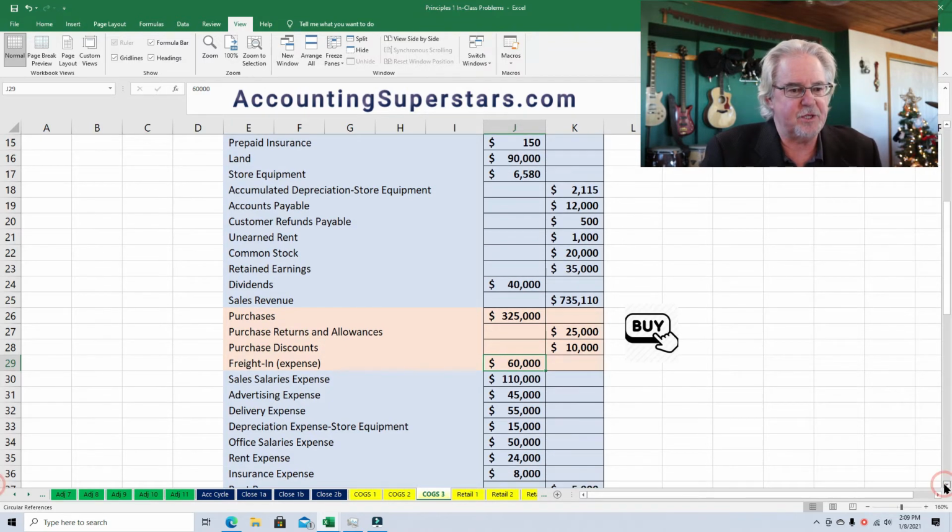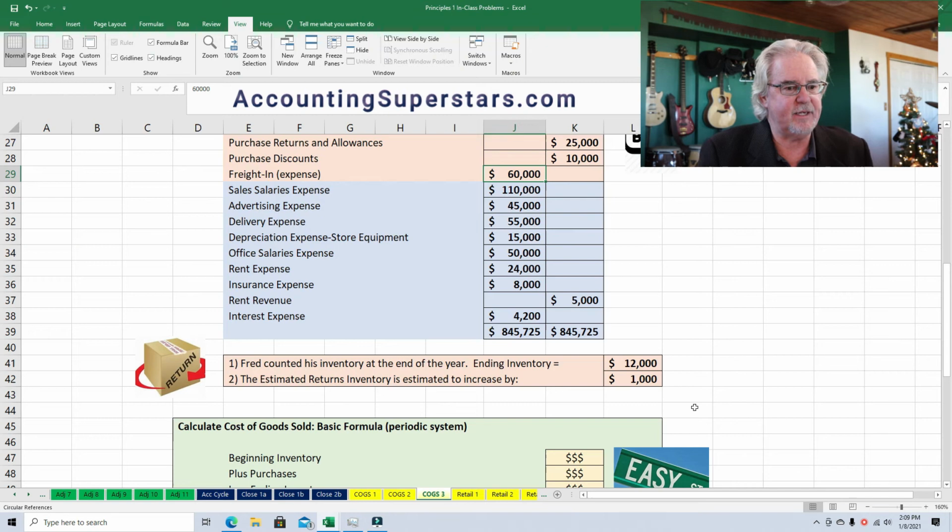So coming down to the last thing that we need, our ending inventory. And here's something else going on, folks. The estimated returns inventory is estimated to increase by $1,000. What's going to happen is we sold a lot of inventory, and some of it, not very much, but some of it, is going to be returned.